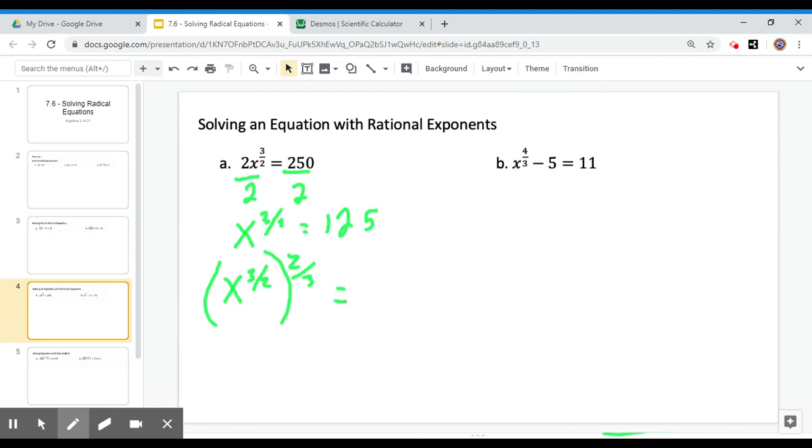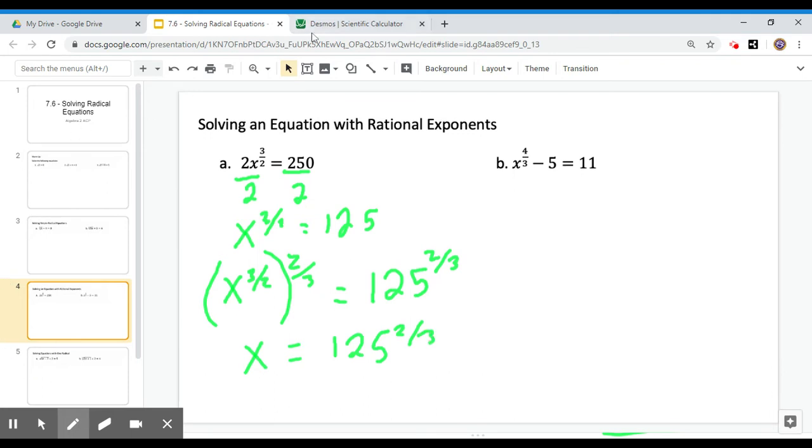So that's how we get rid of a rational exponent. We multiply it by the reciprocal power. Then we have 125 to the 2/3 power, because we have to do the same thing on both sides of the equation. So then we have x equals 125 to the 2/3 power.